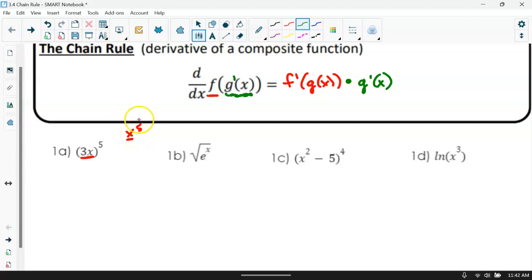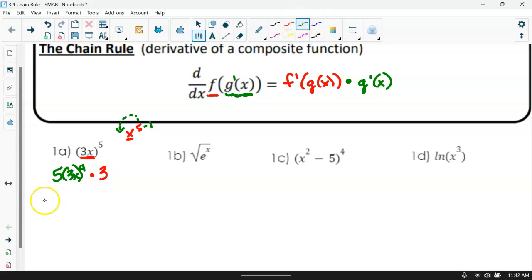And just like before, we would use our power rule and subtract 1. So before, this would be 5x to the fourth. Our x is 3x, so this is 5 times 3x to the fourth. Then times, now we take the derivative of our inside function, which is 3x. So here the derivative is 3.